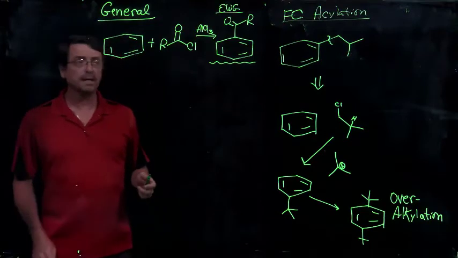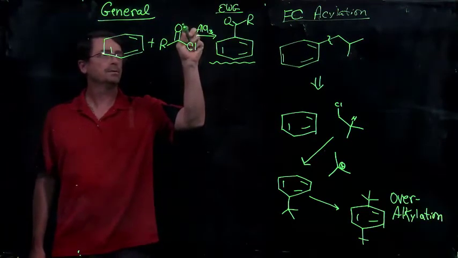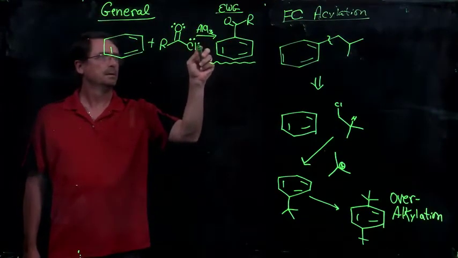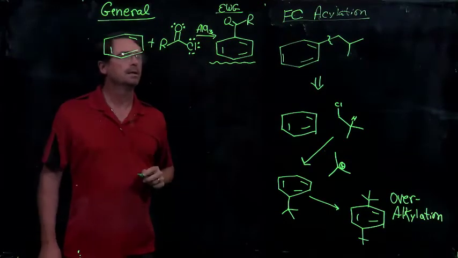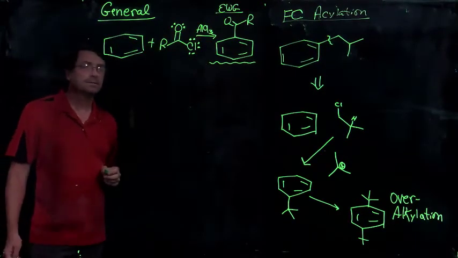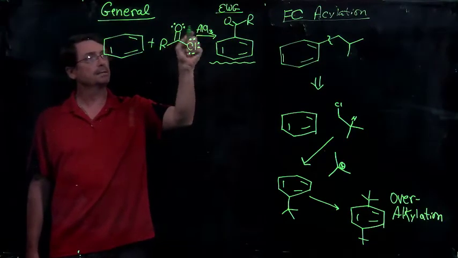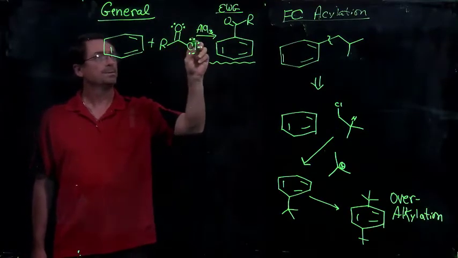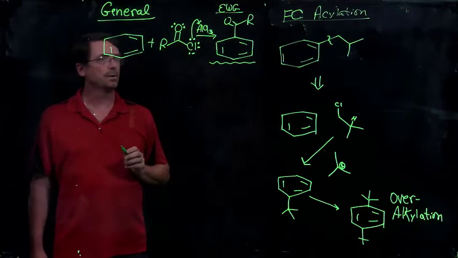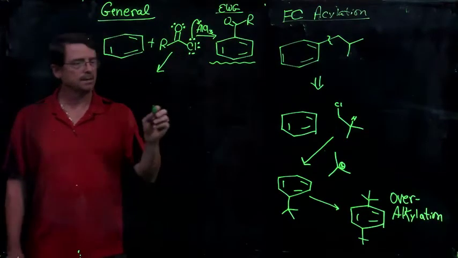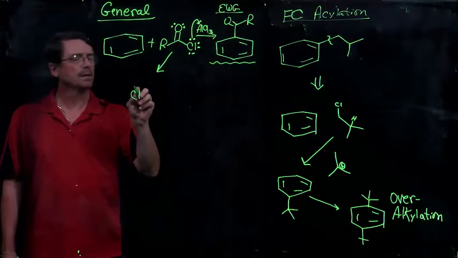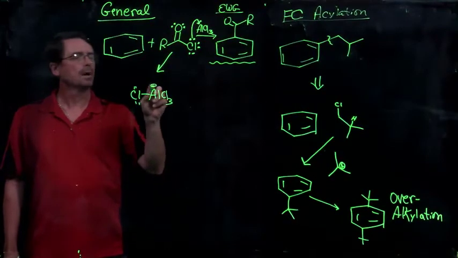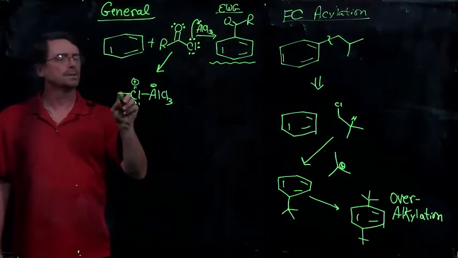So, what's the general mechanism of this reaction? Well, first, there are two places where we have a Lewis base in an acyl chloride. It's not that the oxygen can't act as a Lewis base and coordinate to the aluminum, but the one that's productive for us involves the chlorine coordinating. This gives us a Lewis acid, Lewis base adduct. Again, we can write a formal minus and formal plus charge here.